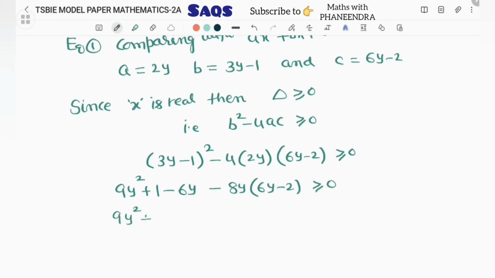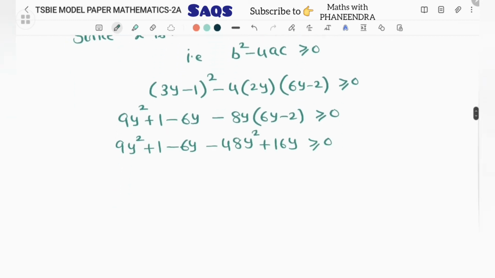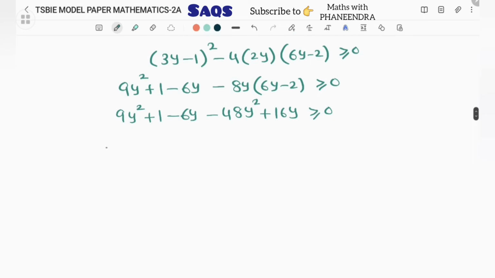9y square plus 1 minus 6y minus 48y square plus 16y is greater than or equal to 0. So minus 39y square, minus 48 plus 9. After that 16y minus 6y, so plus 10y plus 1 is greater than or equal to 0.